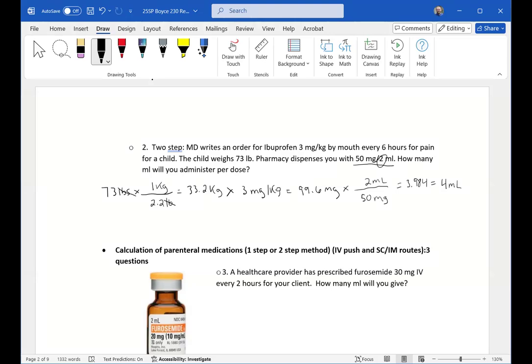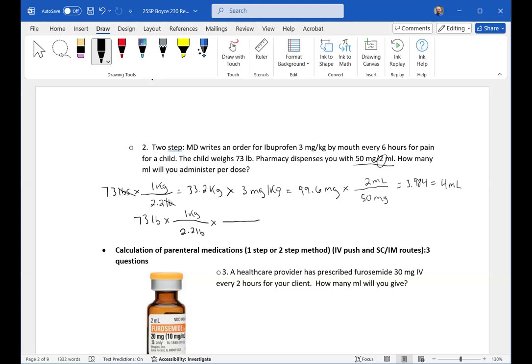Now, if this way feels too choppy, you can do this all as one long dimensional analysis. I don't know that you need to do this or not, but sometimes people like to see it. I always say there's no one specific way to set this up.